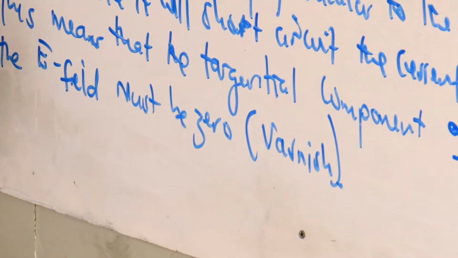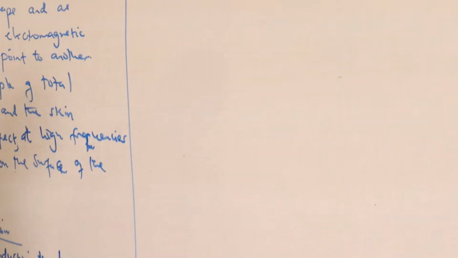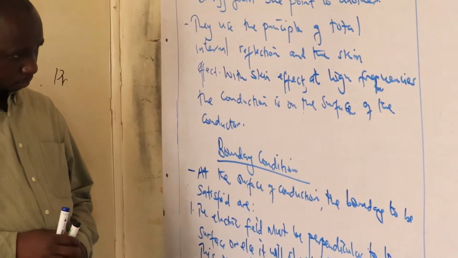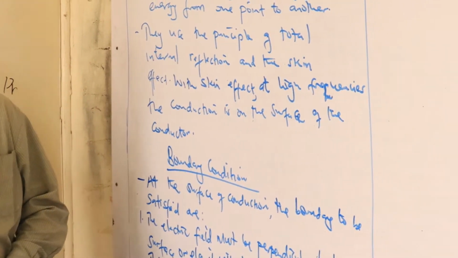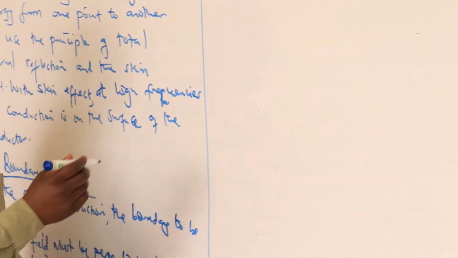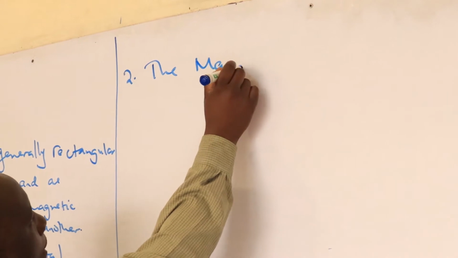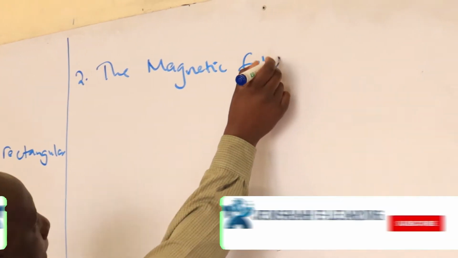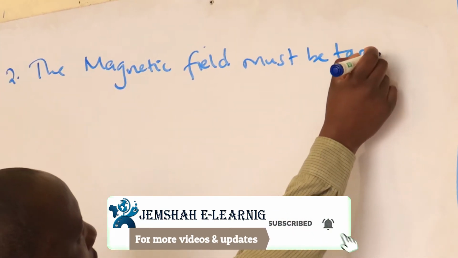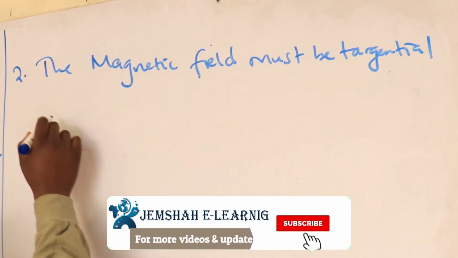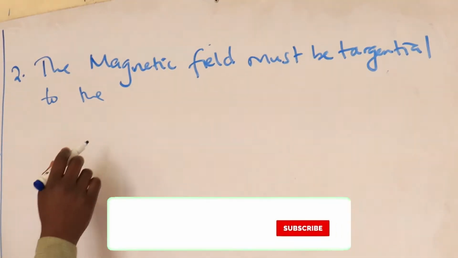So number 2, the magnetic field must be tangential to the surface.